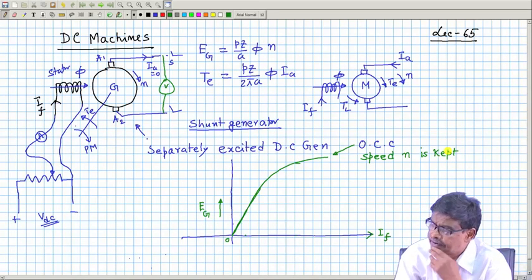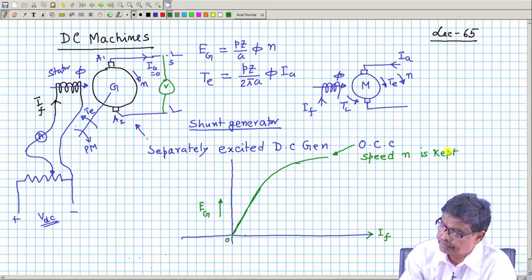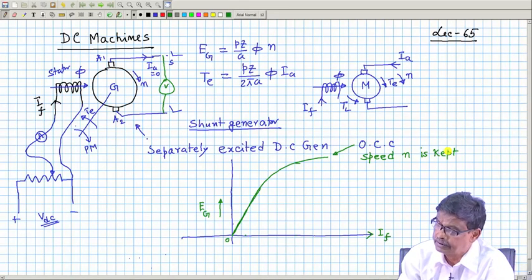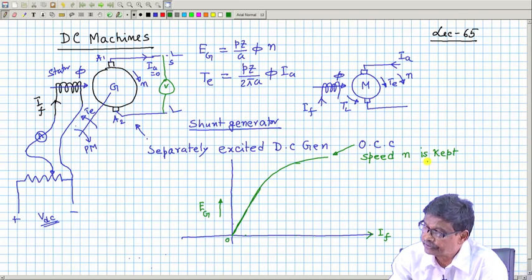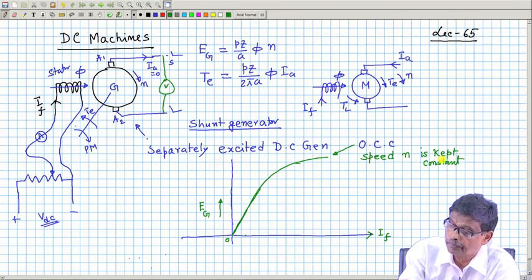If it is a 1500 rpm machine, and on the nameplate it is written, run it at 1500 rpm and get the open circuit characteristics. Speed n is kept constant while taking down these readings, then only it will be proportional to only phi.